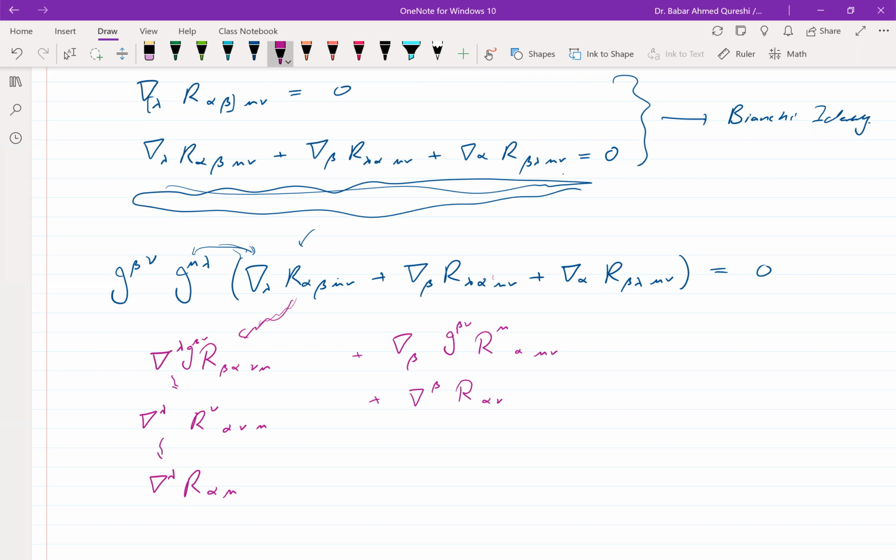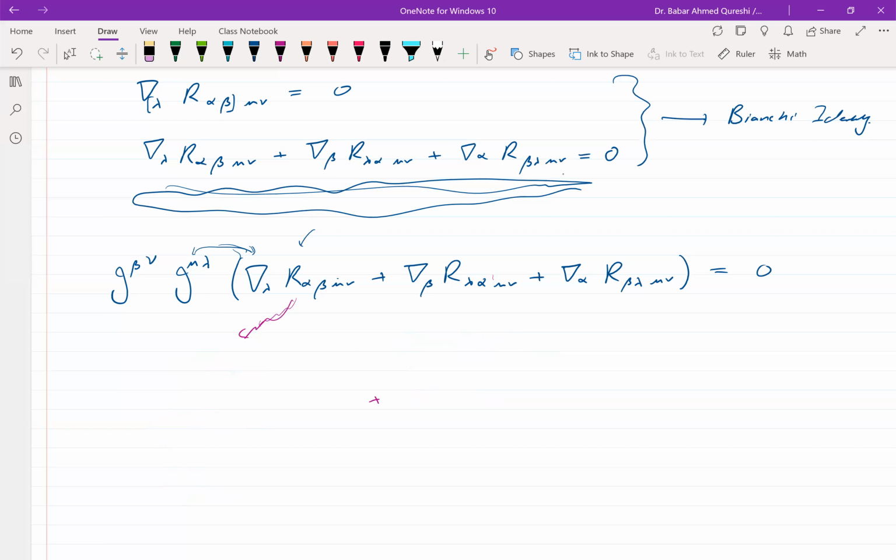I raise the index. Let's do it carefully. Let's do it step by step. So from the first term, I get g beta nu, just leave it like this, and d mu of r alpha beta mu nu.